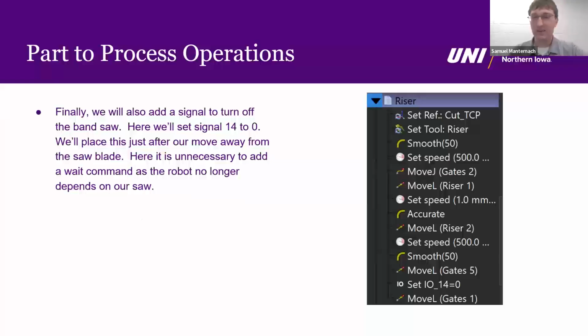Then we're going to do that cut on our riser. We'll do our first move away, just so our robot is clear of our bandsaw blade, and then we can send the signal to shut down that bandsaw and then move away at a much faster rate. And unlike when we were doing our grab operation or starting up the bandsaw blade, we don't need to add a pause here, simply because there's no interaction between our robot and that bandsaw. So we're in the clear to move away and work on further things. All right.